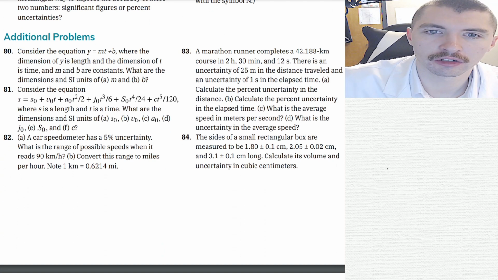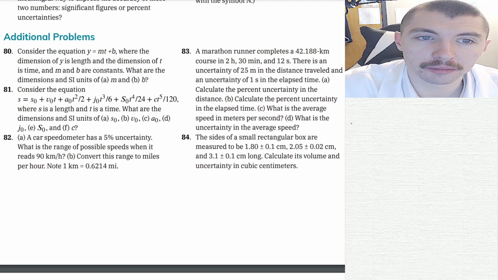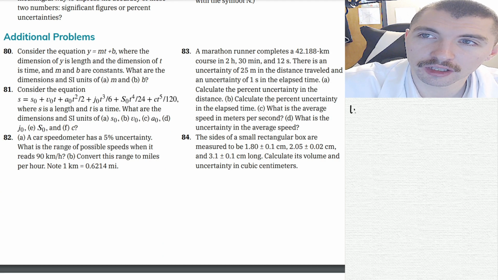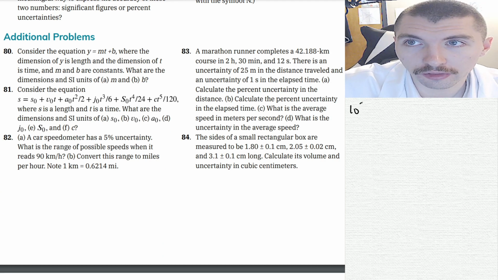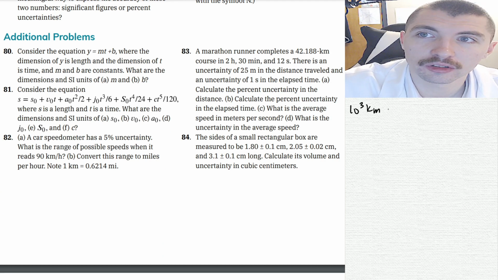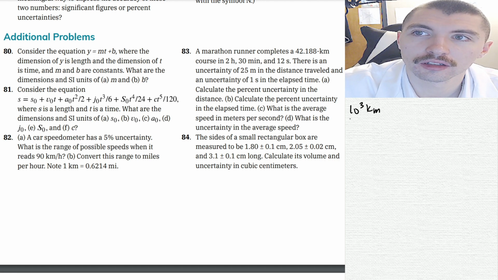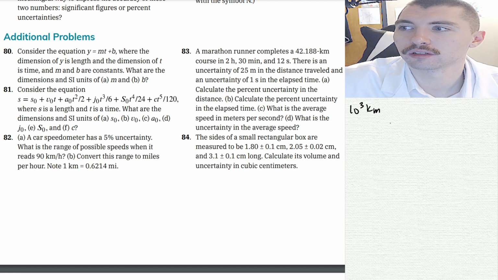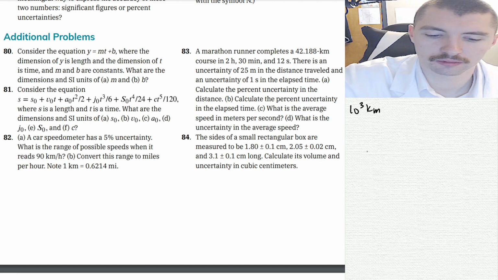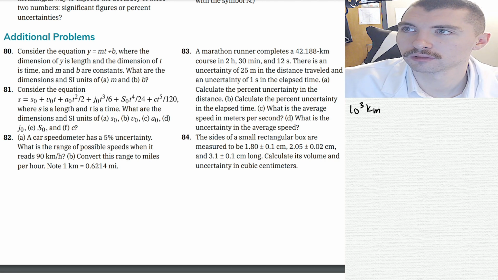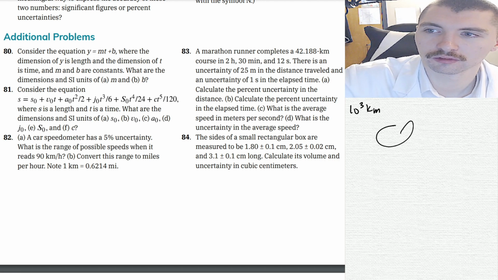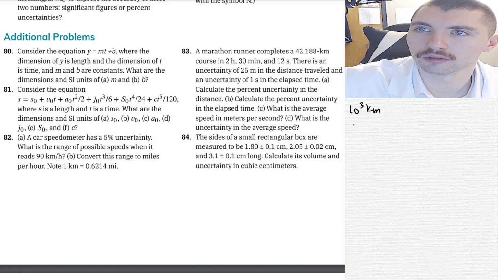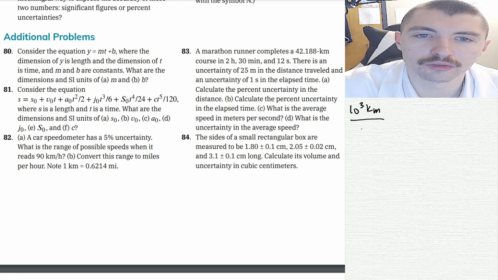Okay, a marathon runner completes 42 kilometers. So a marathon runner completes 10 to the 3 kilometers in, okay, 10 to the 3 over 2 hours, 30 minutes.